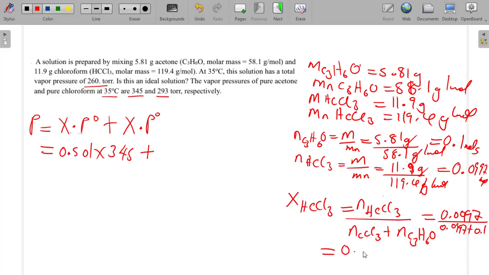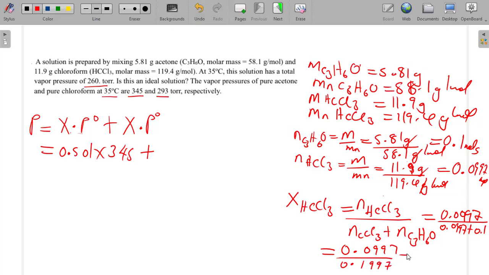So on top we're having 0.0997 divided by, when we add 0.0997 plus 0.1, we are going to get our answer to be 0.197 as well, isn't it?